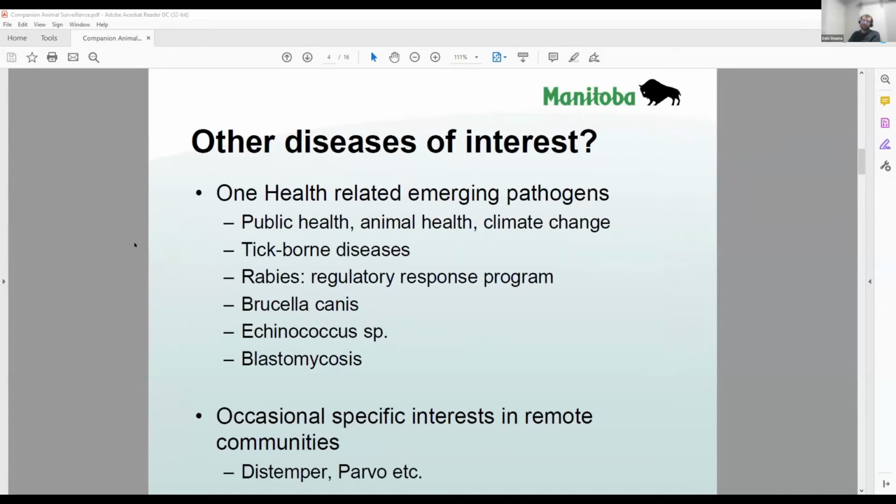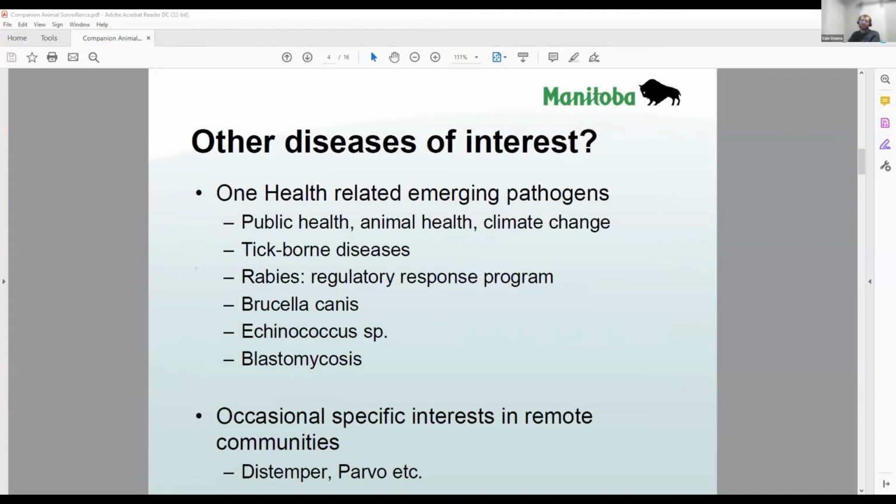So really One Health is what drives our companion animal work. If it doesn't relate to One Health, we really don't do it. Usually that means public health, but occasionally it might have some emerging health issues, climate change type related issues that generate broader interest. Tick-borne disease typically is one of the more looked at programs.